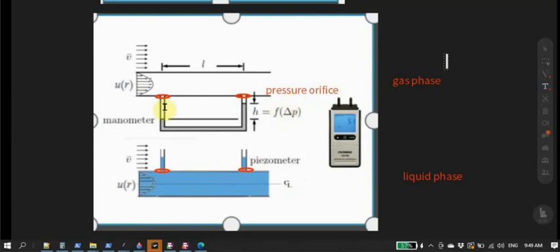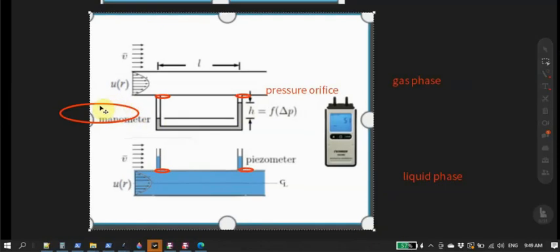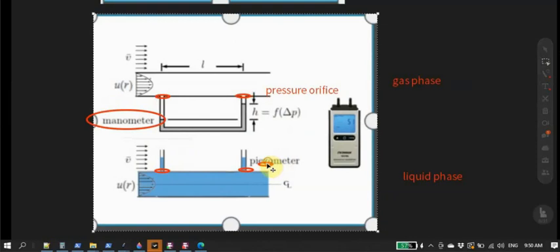So that pressure orifice, we connect it to instrumentation called manometers and piezometers, right?